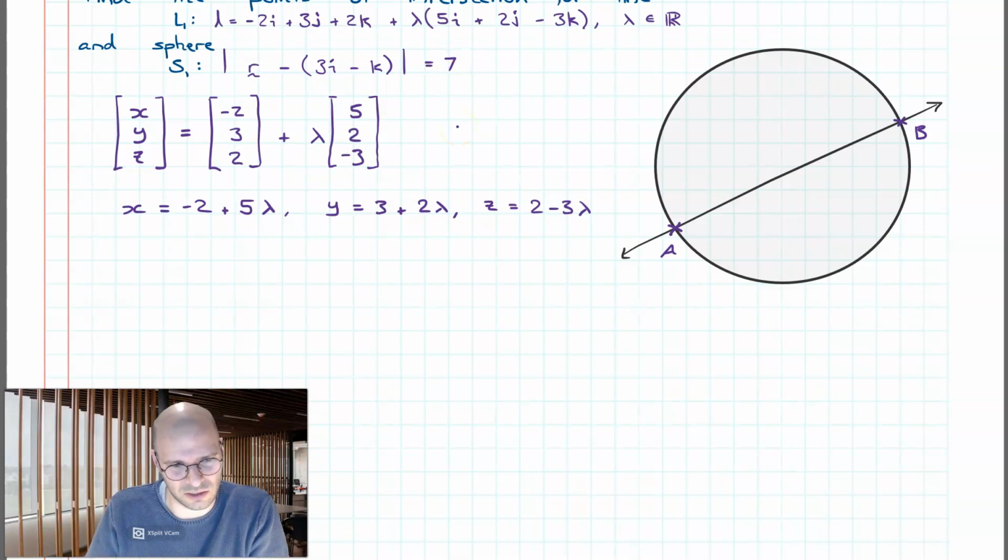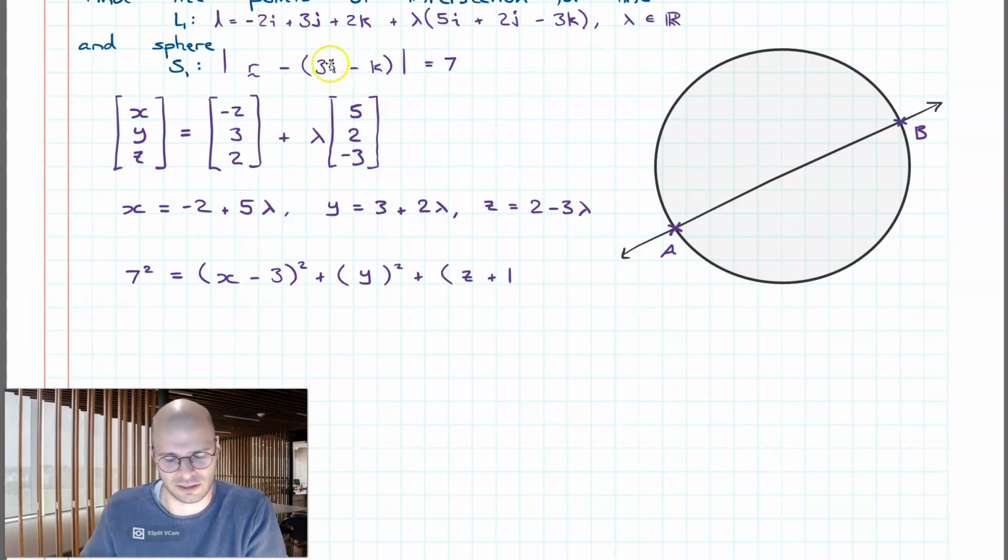So the sphere is going to be defined as the square of 7, which is equal to, 3i is the x component, so that will be (x - 3) squared plus, there's no j component, so it's just y minus 0. We'll leave that out, so it's just y squared, plus the z component is (z + 1) because it's minus in here.